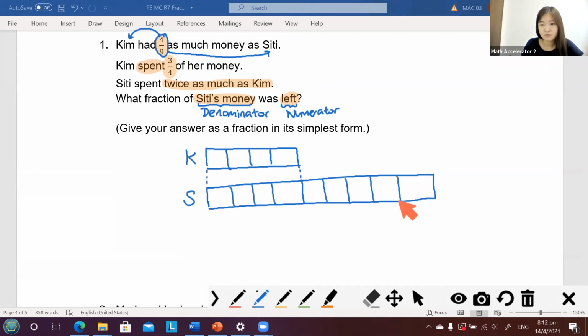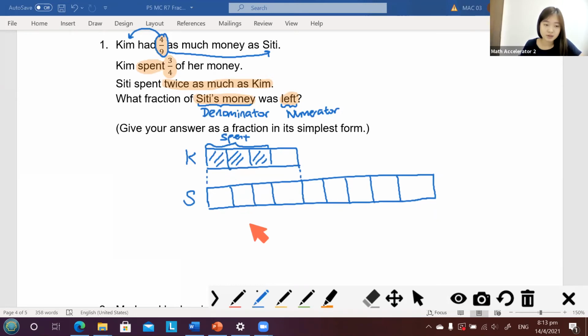So now Kim spends 3/4 of her money. So let's shade how much she spends. 3/4. So just nice, Kim already has 4 units here. So 3 out of 4 is spent. Okay, so this is spent. Well, Siti spent twice as much as Kim. So how many units did Siti spend?